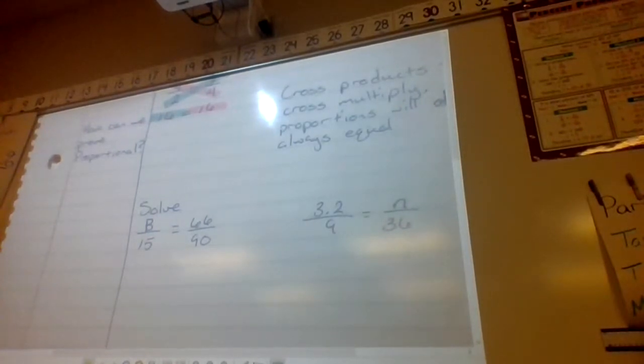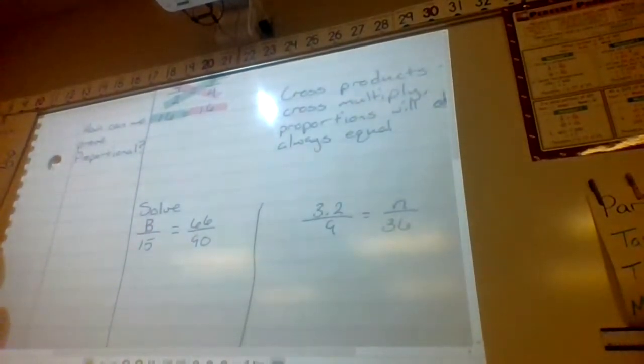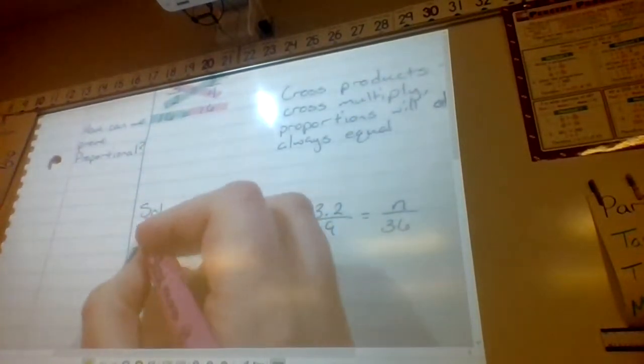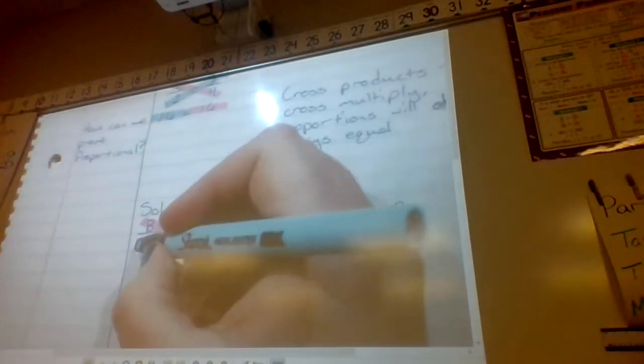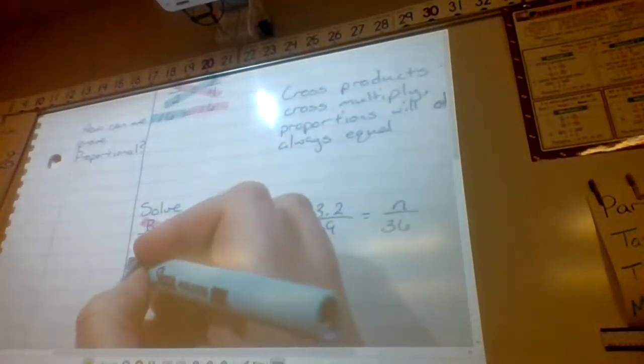These are 2 different ones, so we'll be solving 2 separate things. You still have those 2 highlighters. We're going to do the exact same thing we just did. Highlight the 2 different directions and put your 2 lines.